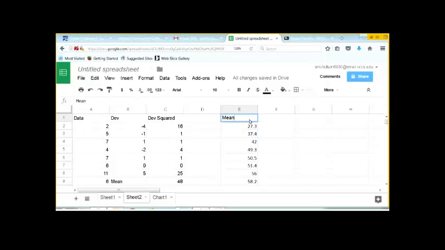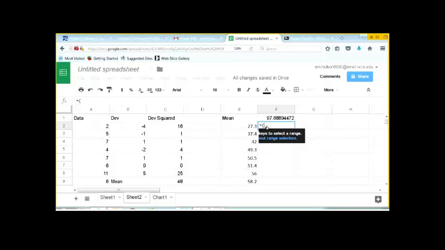I'm actually going to do the mean up here. So that would be equals average, and it's going to be E2 through E200. So I get 97.688.